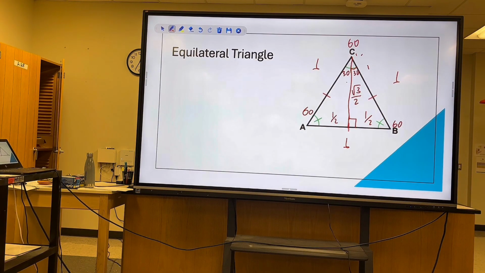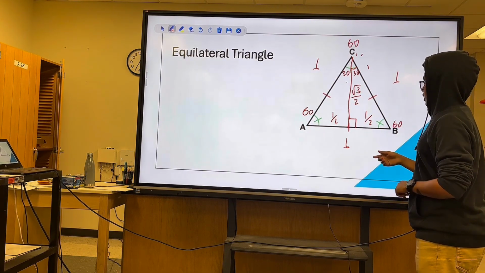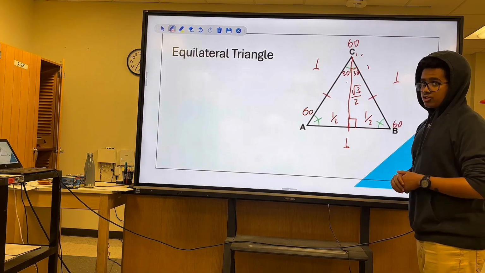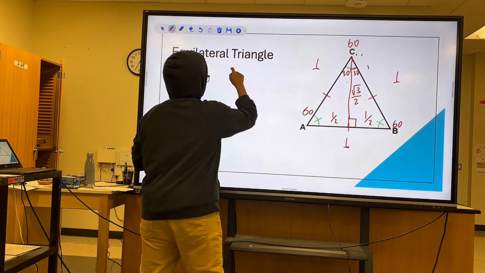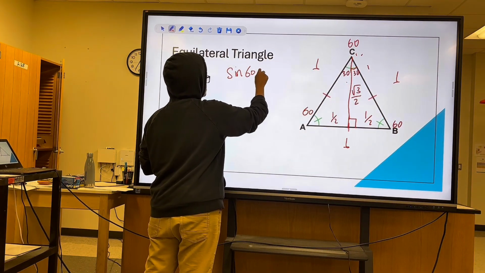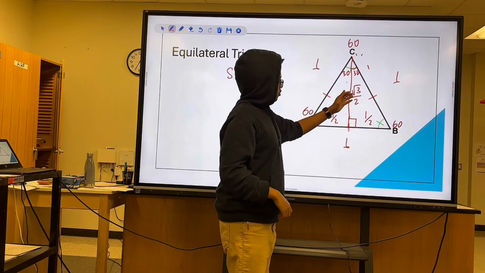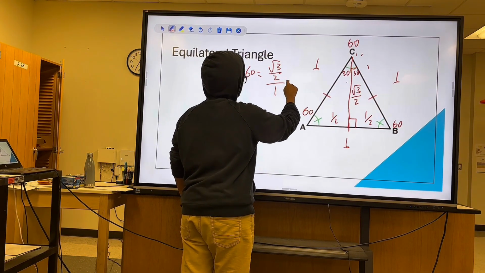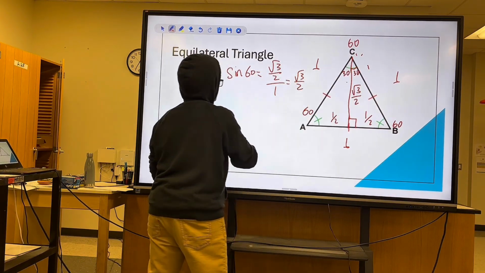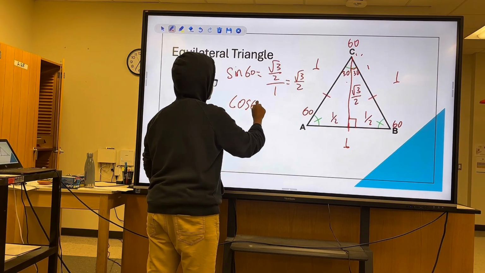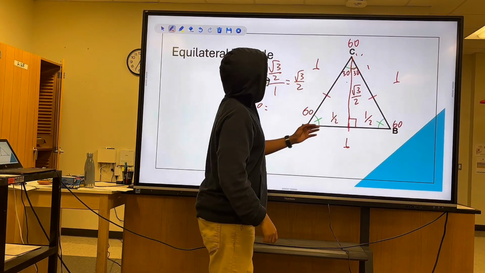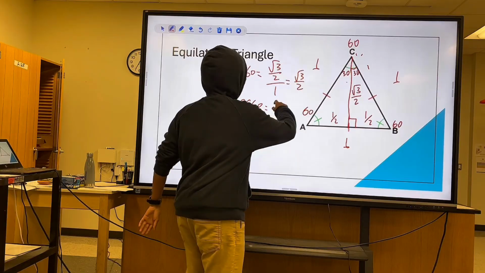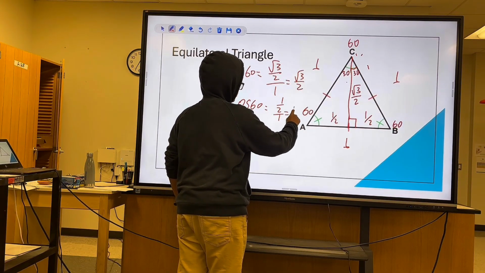So we're going to use the trigonometric identities to calculate the trigonometric values. Let's start with 60. Sine of 60 degrees is going to equal the opposite over the hypotenuse, which is square root of 3 over 2 over 1, which is square root of 3 over 2. Cosine 60 is going to equal the adjacent over the hypotenuse, which is 1 over 2 over 1, which is just 1 over 2.